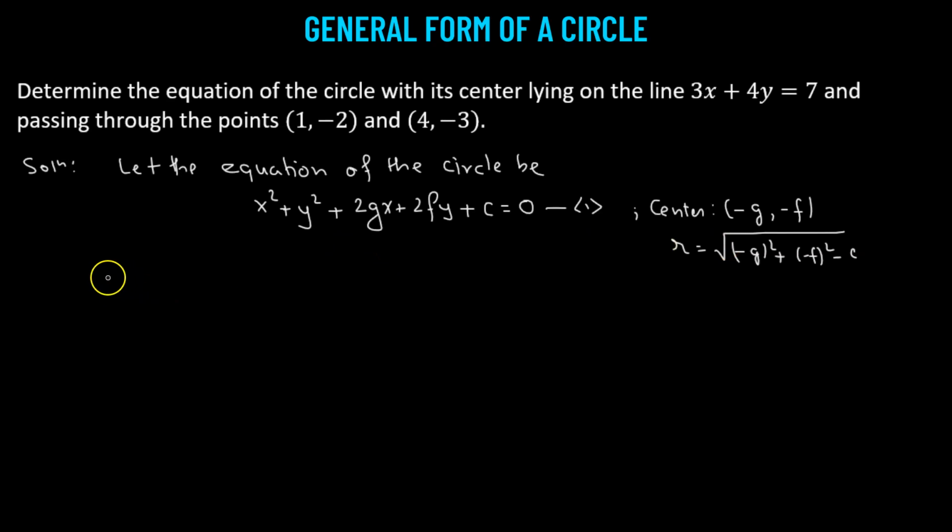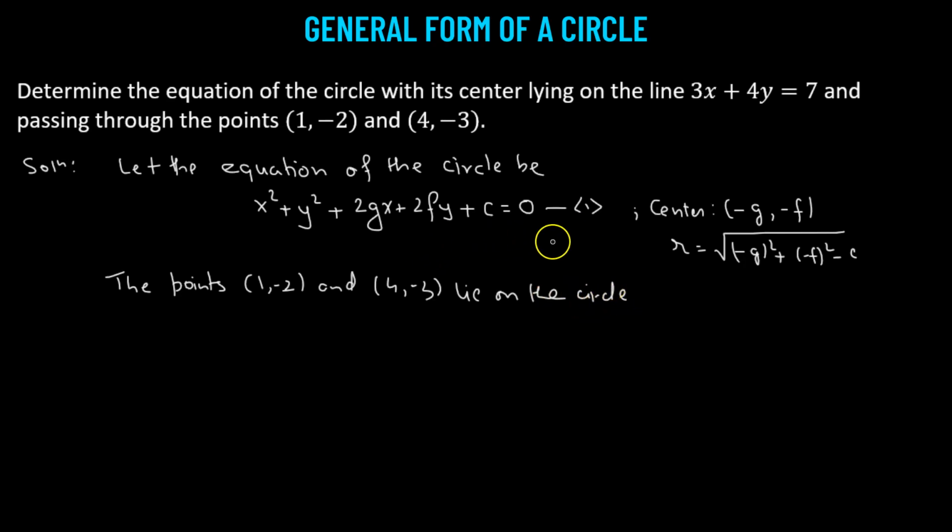Now the points given to us, (1, -2) and (4, -3), lie on the circle. Since they lie on the circle, these points are going to satisfy the equation of the circle. So we have the first point (1, -2). All we have to do is replace x with 1 and y with -2 in equation number 1.